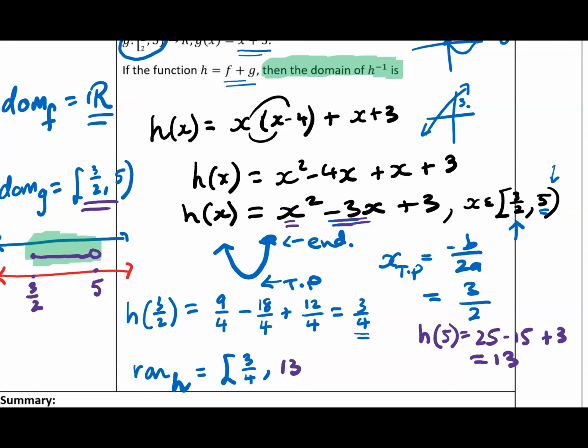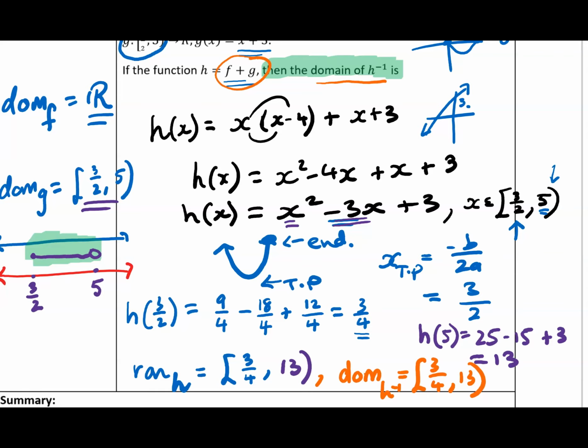The reason that I did all of that is to state that the domain, that's what we're after, the domain of h inverse. The domain of h inverse is therefore 3/4 to 13. So this can be quite a tricky question because, one, we need to know a thing or two about the function h, about the addition of ordinates, about the fact that when we're adding graphs, we can only use the shared domain.